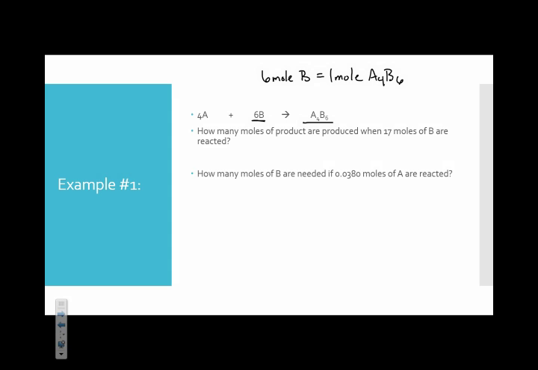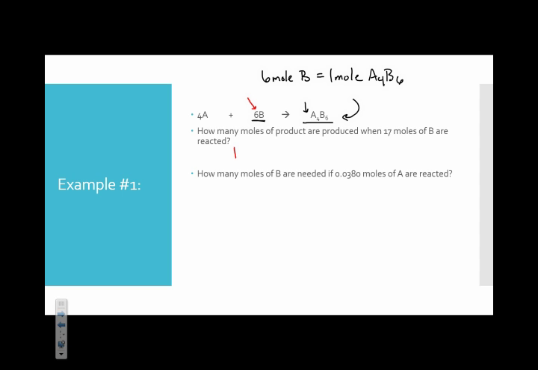Now I can't just make this up. I have to reference a particular chemical reaction and the particular coefficients present in that reaction to get these mole-to-mole relationships.